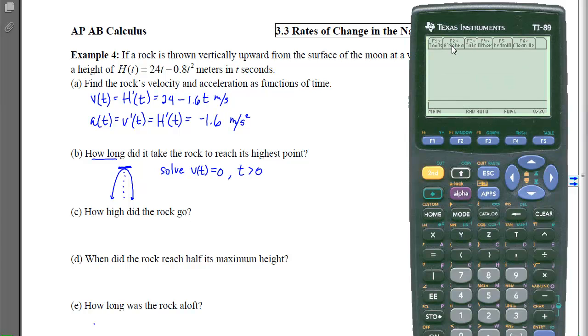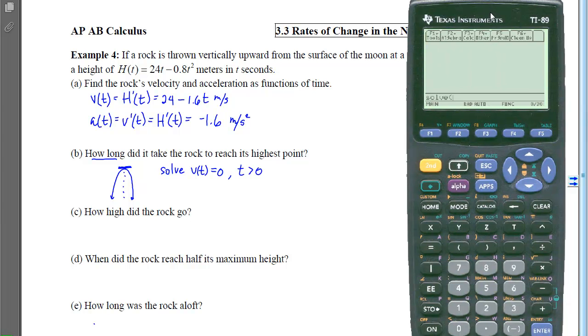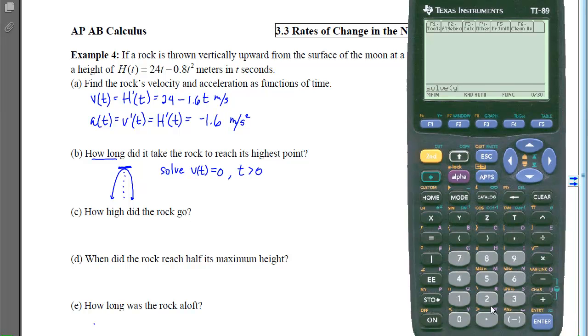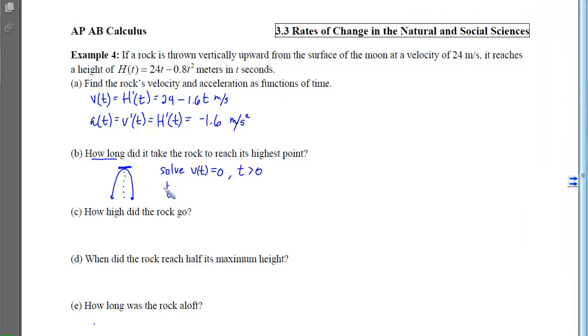So we'll go to the home screen, and we're going to hit F2, and we're going to solve for when y2 of x equals 0 with respect to x, and then we want to make sure that we're looking for when x is positive. So if I hit enter now, I get a time of 15. So we know that the time that it took to reach the highest point is 15 seconds.